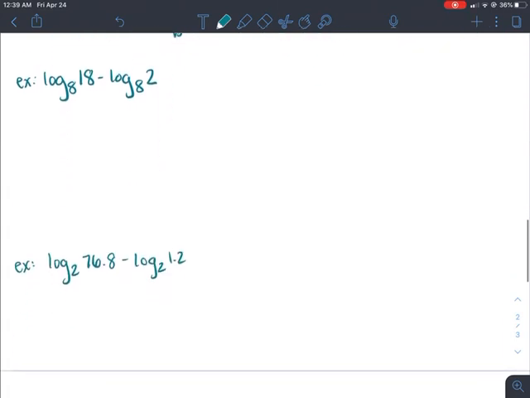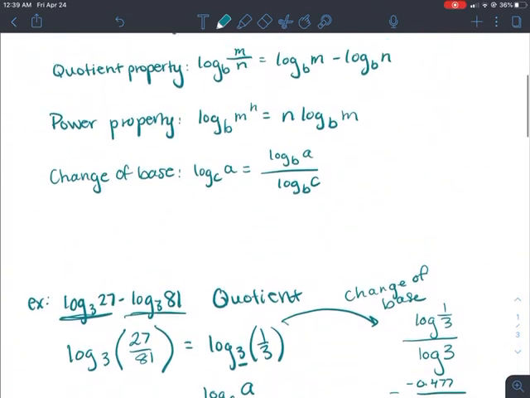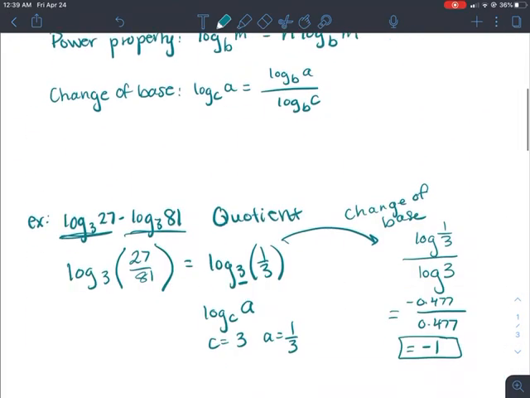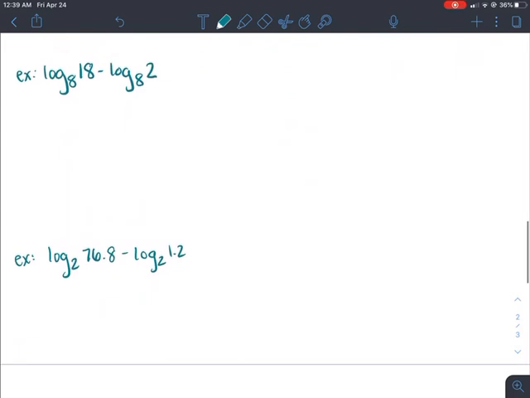Here's another example. We used this one up above earlier. I see that this is the quotient property. The quotient property states that this can be rewritten as log base 8 of 18 divided by 2.